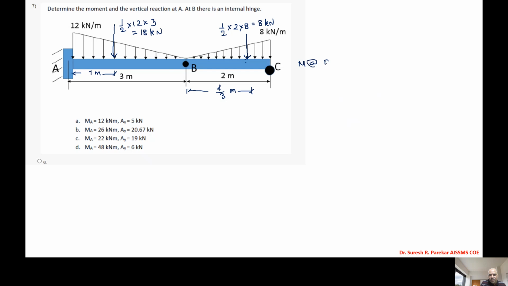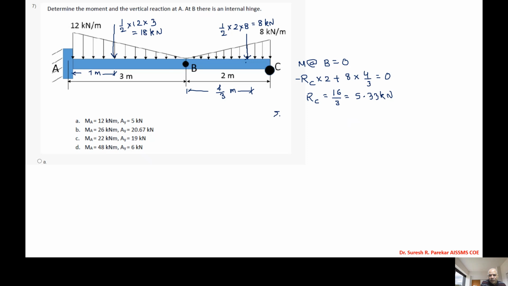Now we will find RC first. So moment about B equal to 0, and we have minus RC into 2 plus 8 into 4/3 equal to 0. From this we will get RC equal to 16/3, that is 5.33 kilonewton.